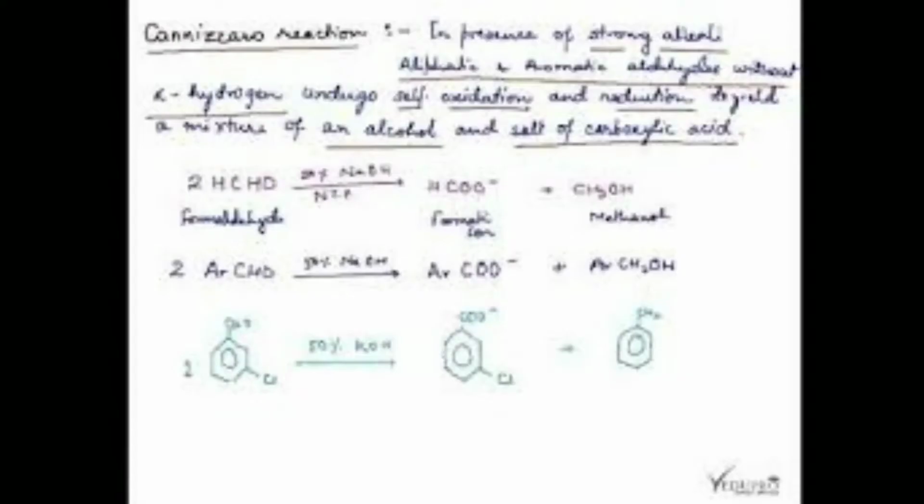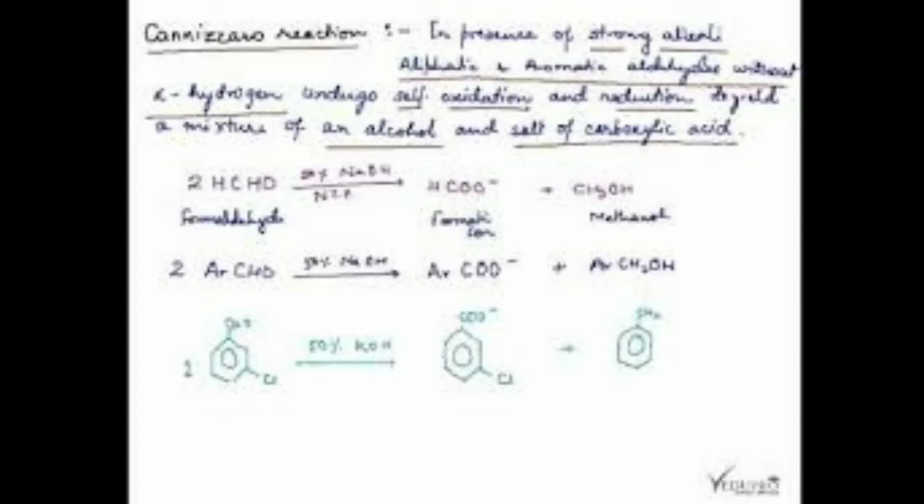The next reaction is the Cannizzaro reaction. This reaction is given by aldehydes having no alpha hydrogen atom. The aldehydes undergo self-oxidation and reduction reaction on heating with concentrated alkali. This is an example of disproportionation reaction.